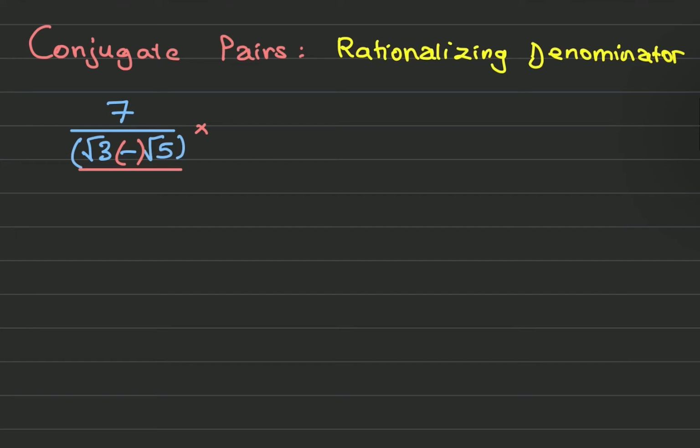That would be 7 upon root 3 minus root 5 multiplied by root 3 plus root 5 upon root 3 plus root 5 once again. That's it, it's that simple. So that's the basic formula here: we look at the operation, look at the opposite sign, and multiply it to the numerator and denominator.